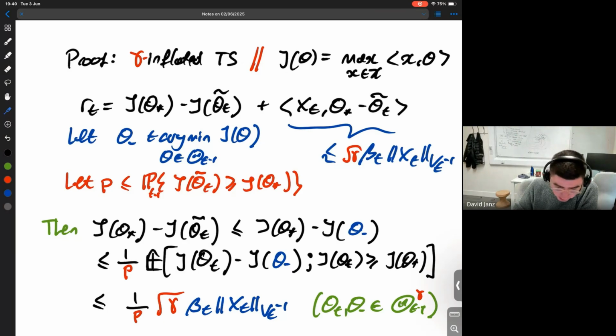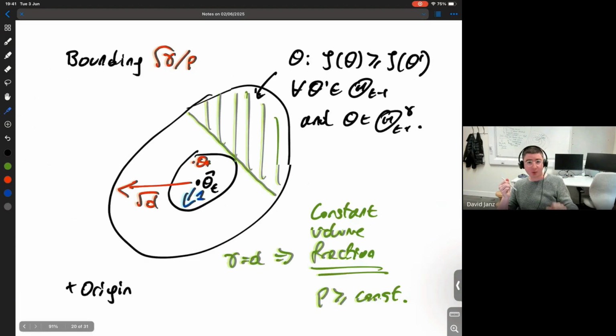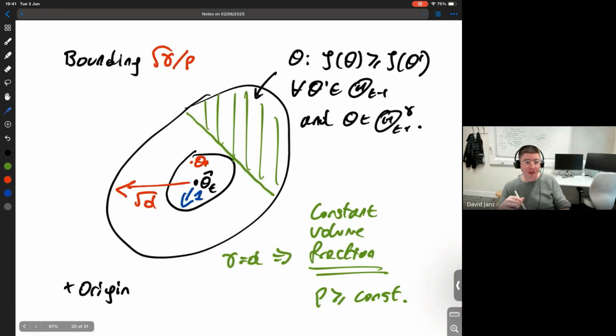Now note that our regret increases with the width of the confidence sets, but also we pay a factor of 1 over this probability of optimism. So we have to make sure that even in the worst case, we have some probability of being optimistic. How do we ensure that we have some optimism?